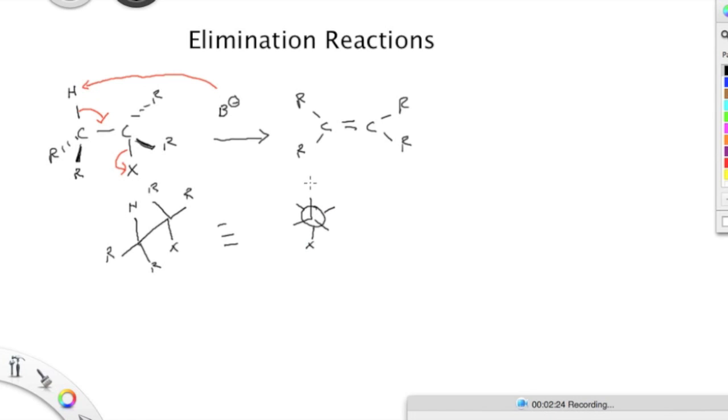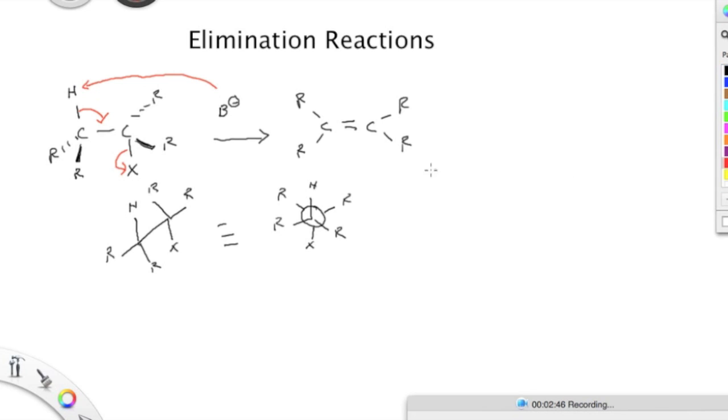Where you have this as X, this is H, and then of course the rest over here are your R groups. And so notice how we have this type of configuration where we have what we call this anti-periplanar geometry.